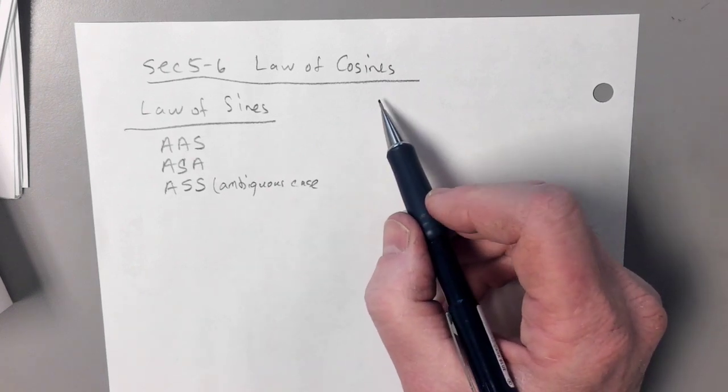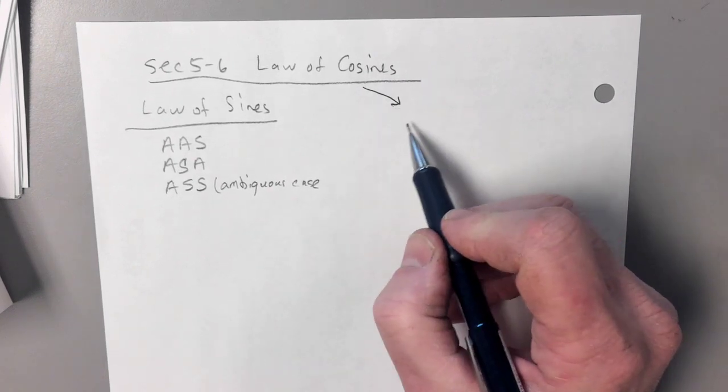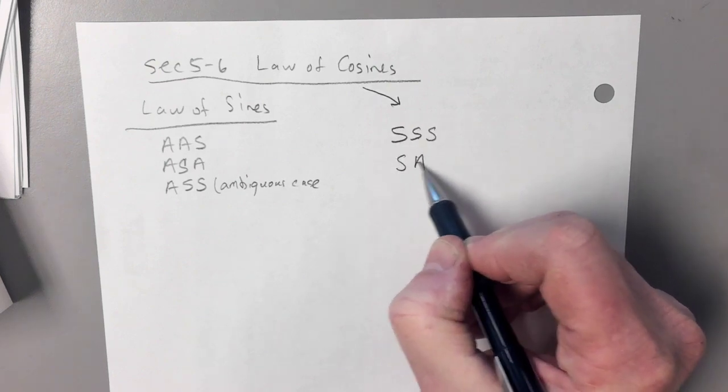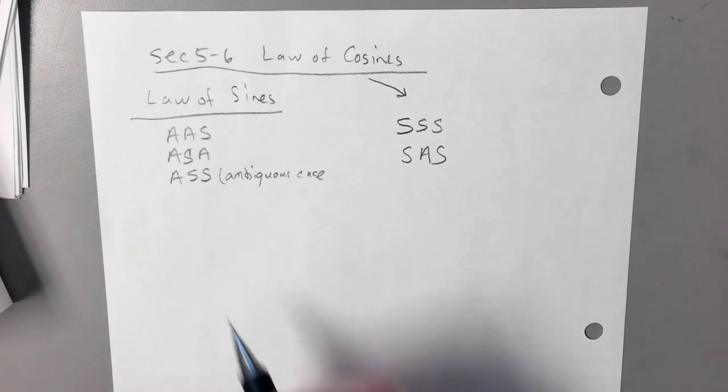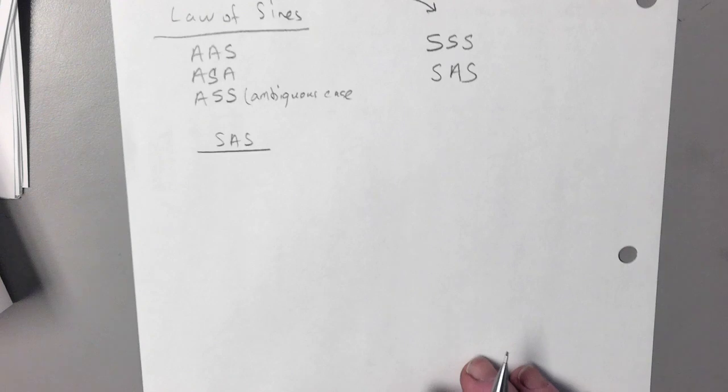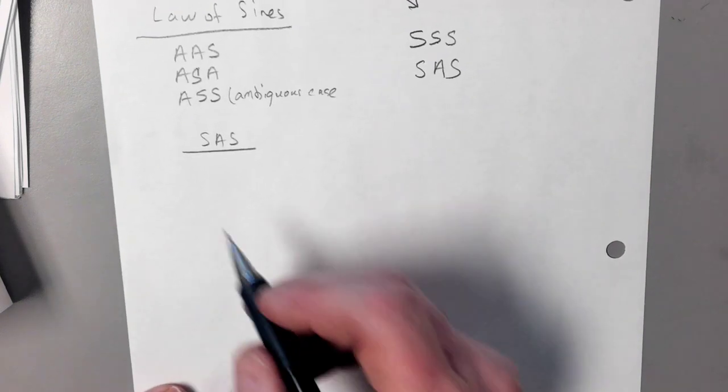Today we're going to look at the law of cosines, which is used for the cases of side, side, side, and side, angle, side. We'll start with side, angle, side because that is usually the easiest of the two choices.